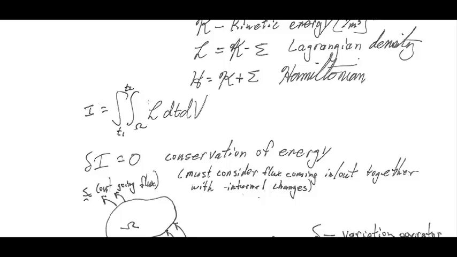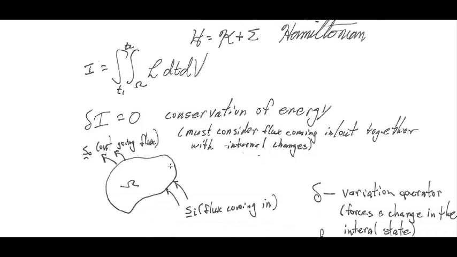Since the energy is conserved, regardless of whether it's reversible or dissipative, we can't create or destroy energy. So this has to be constant. So there's no variation in that action integral. Now you have to be very careful with your control volume.